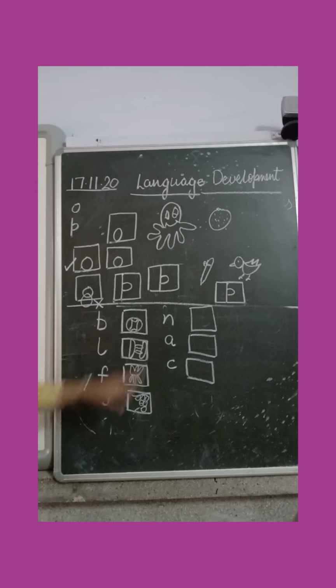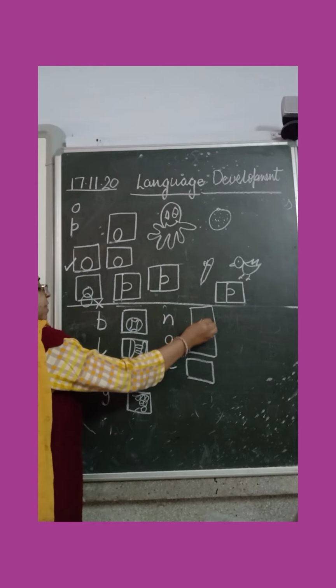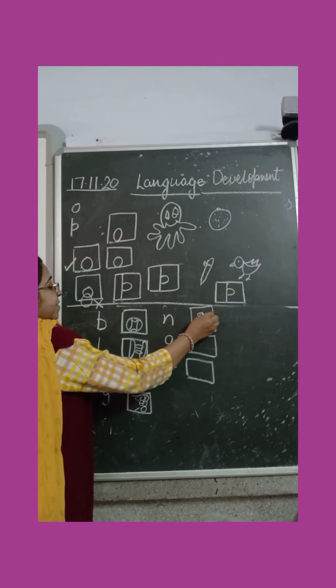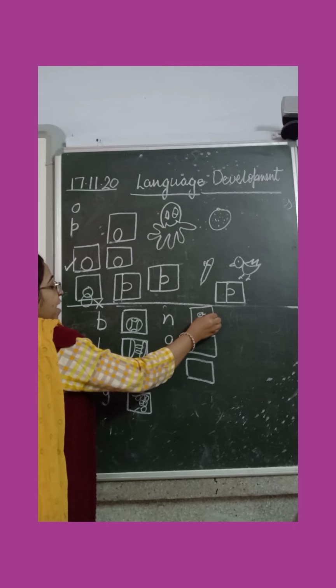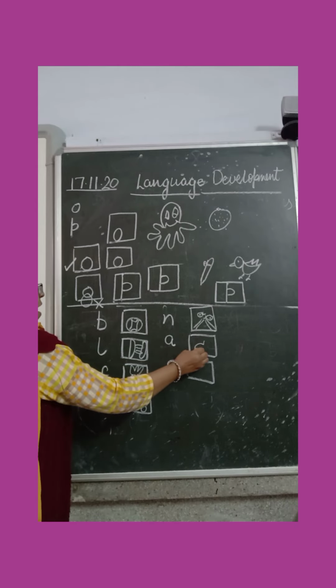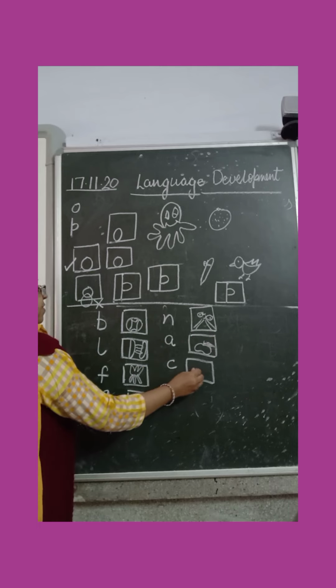Then nest. Nest is also very easy. You draw like this and then make a bird. Bird lives in nest now. Yes. Then apple. Apple. And next is cup.